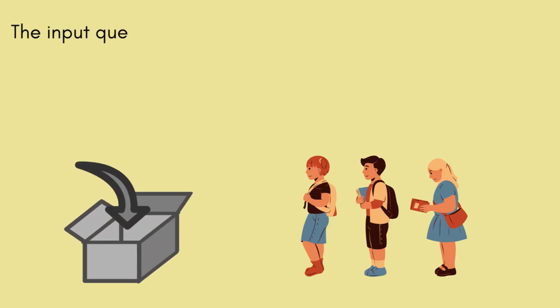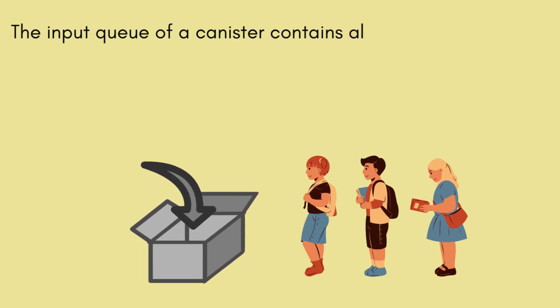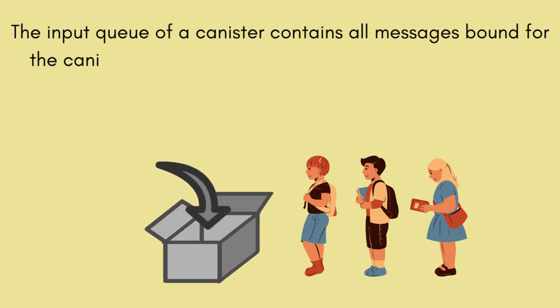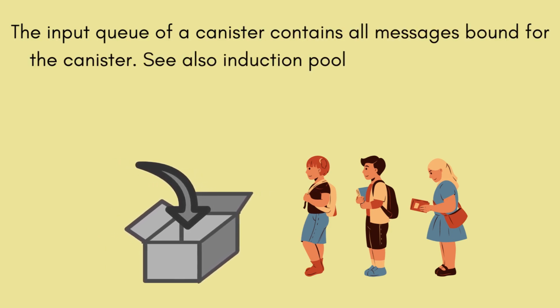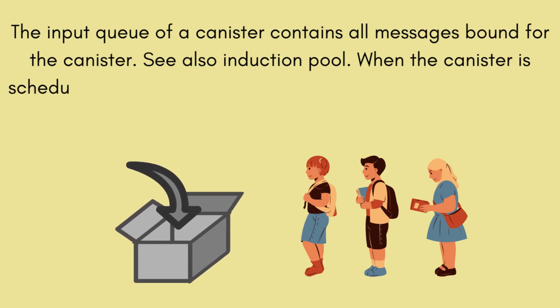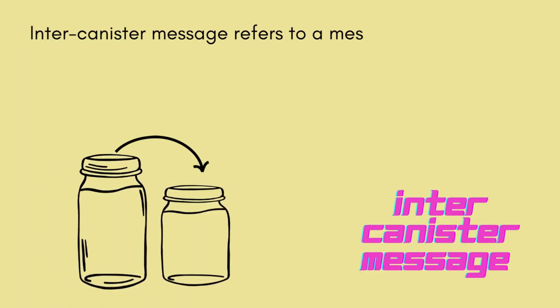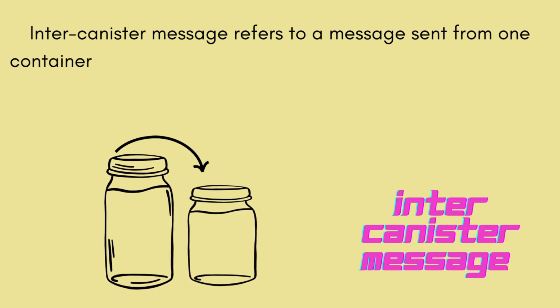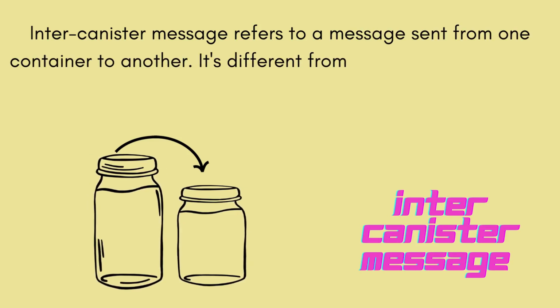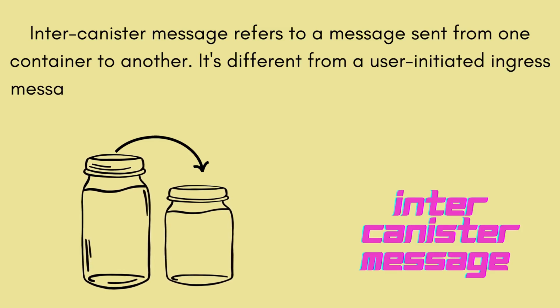The input queue of a canister contains all messages bound for the canister. See also induction pool. When the canister is scheduled for execution, messages from its input queue will be executed. An inter-canister message refers to a message sent from one canister to another. It's different from the user-initiated ingress message, which is a message sent from outside the canisters to one of the canisters.